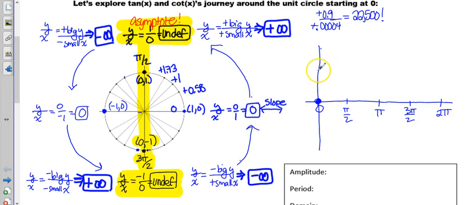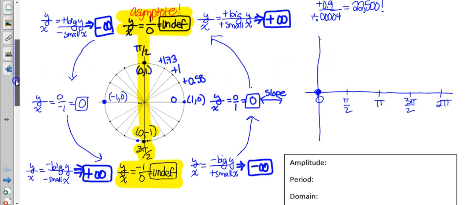So that means we are going to have an asymptote at pi over 2 and another one at 3 pi over 2. To make them stand out in my brain, I usually put a little X mark on both of these.